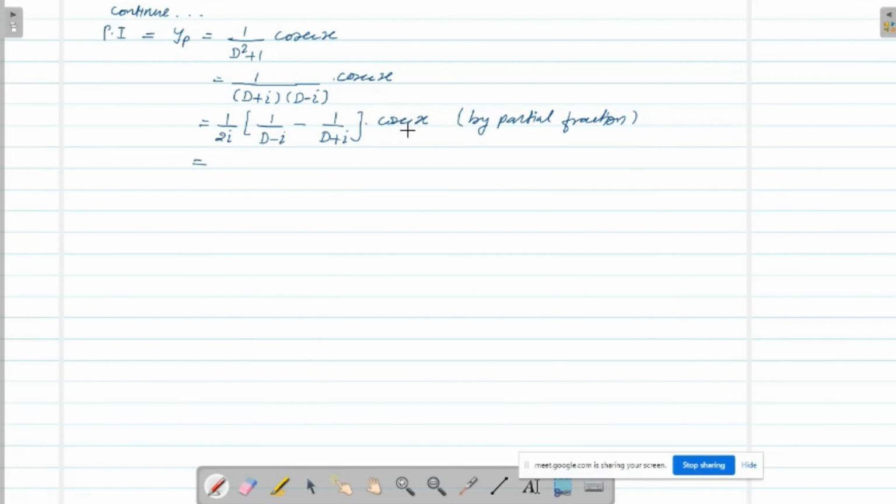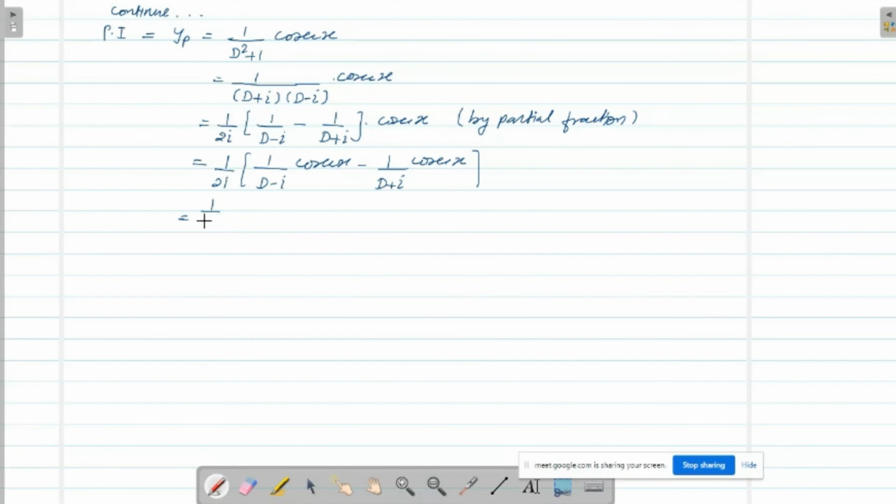The next step will be, we just multiply cosec x inside the bracket. So 1 upon 2i, 1 upon D minus i into cosec x, minus 1 upon D plus i cosec x. Okay, and just solve this. Here we will use the formula of partial fraction, the 1 upon D minus m formula.